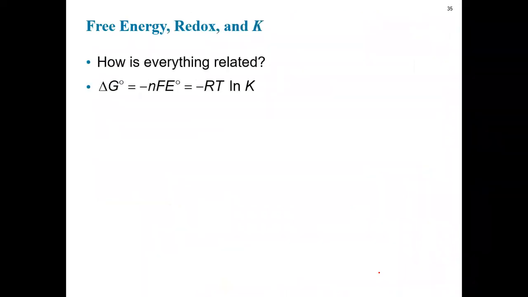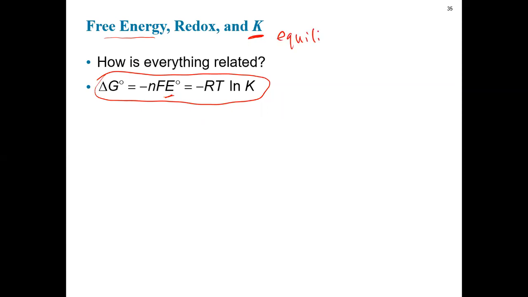Okay, so all you need to memorize is the relationship between these 3 quantities. We know free energy can tell us spontaneity, and E cell can also tell us spontaneity. From chapters 14, 15, 16, we also know K. What is K?